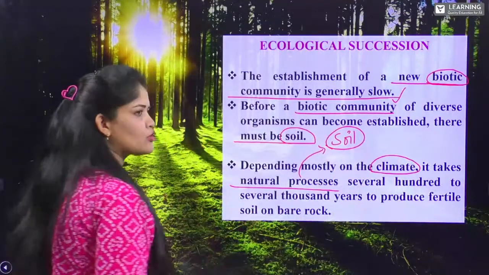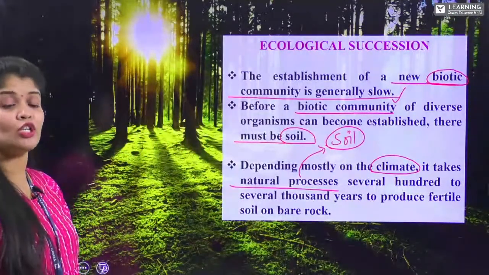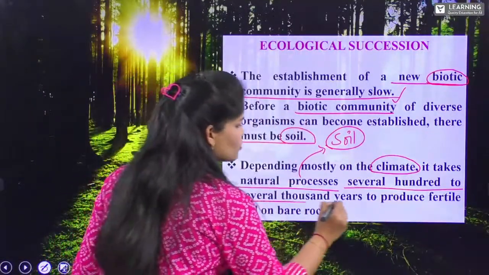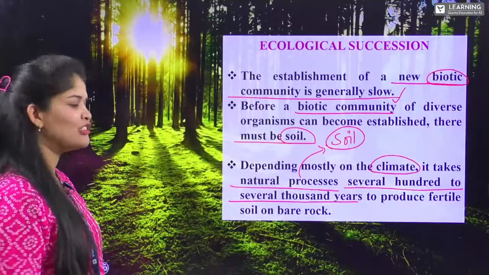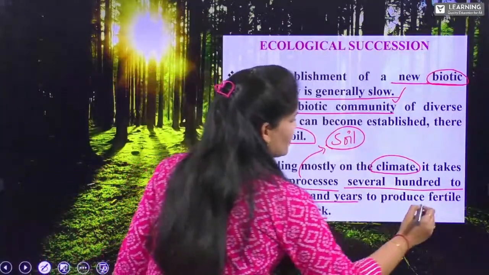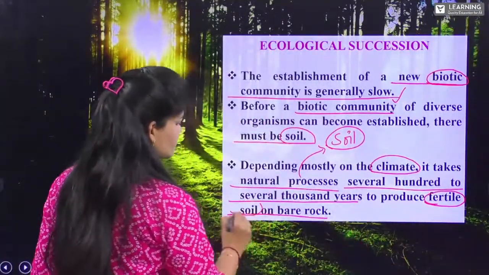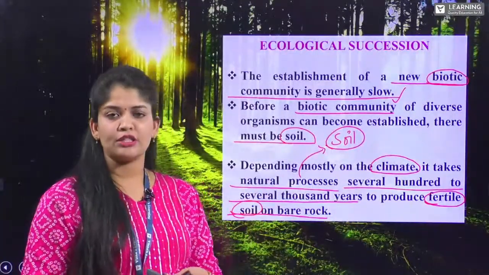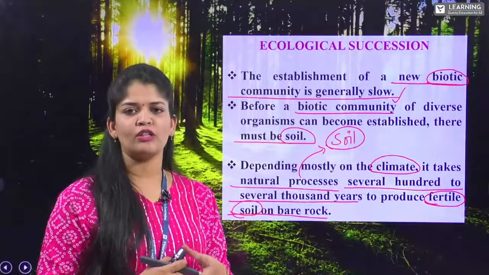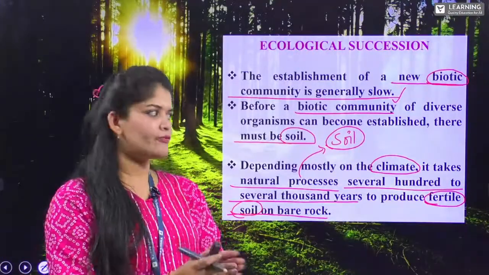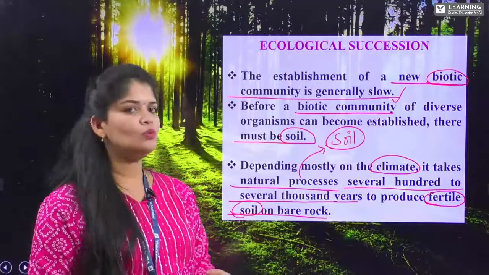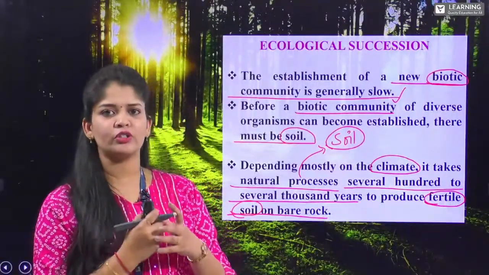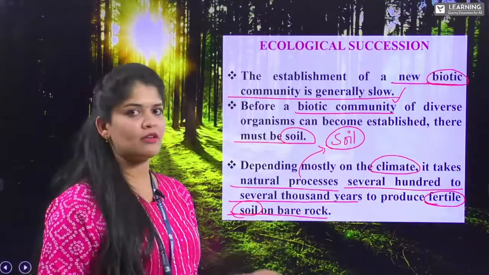Formation of soil is a natural process and it takes a very, very long time, nearly several hundreds to several thousand years to produce fertile soils on bare rocks. It's not that simple. This process of formation of soil is what we call soil weathering.